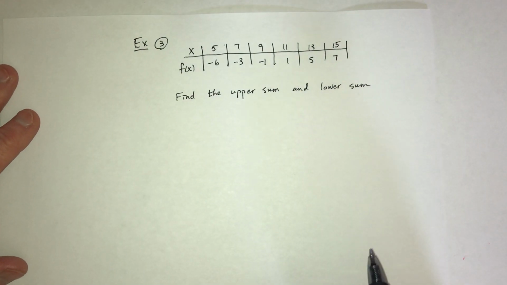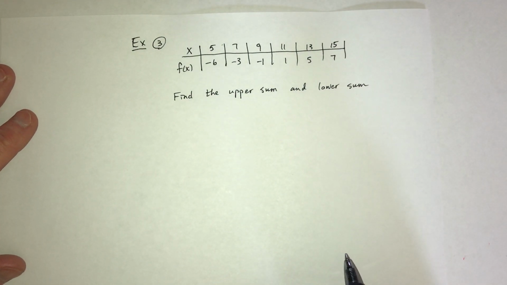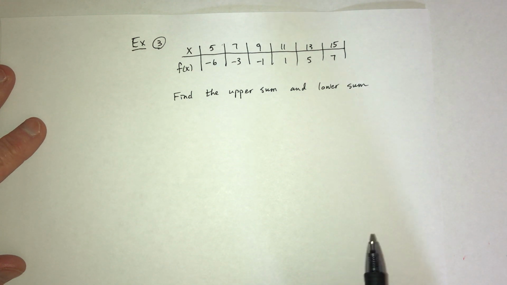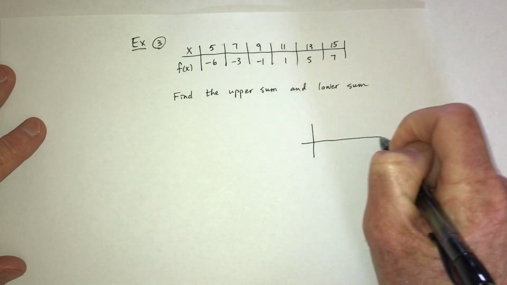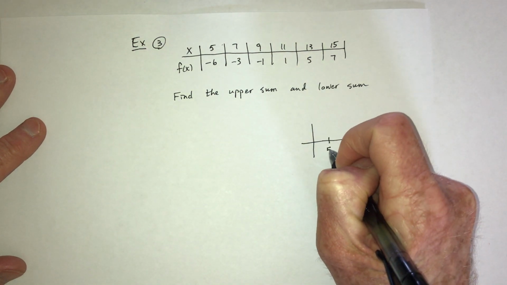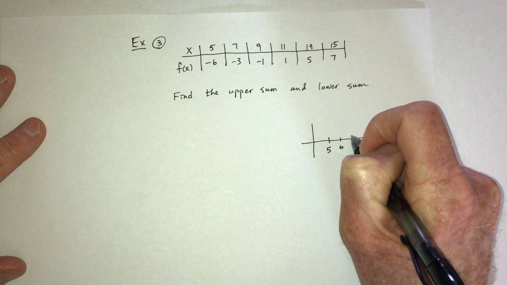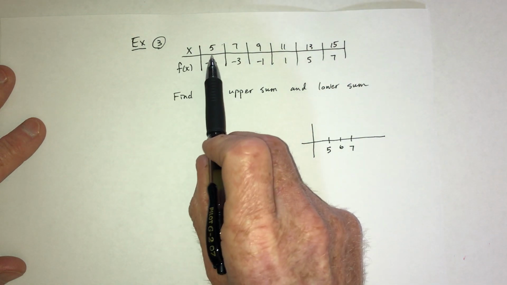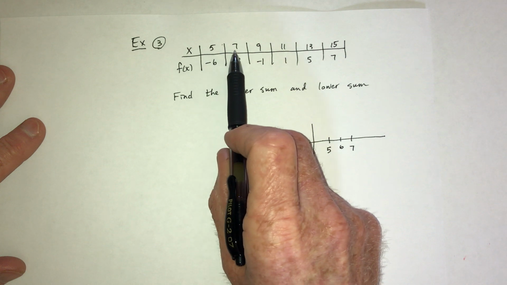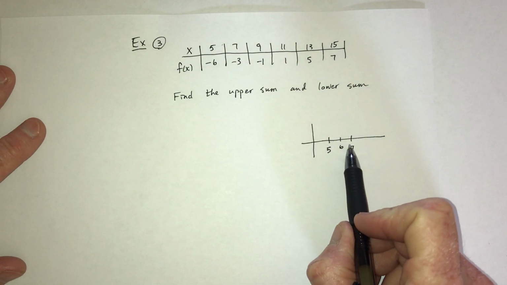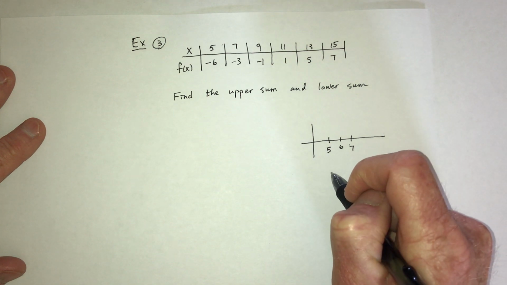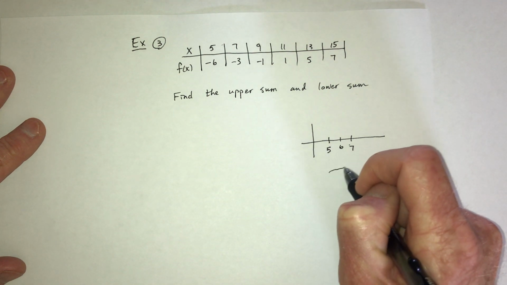And then find the upper sum and the lower sum. So when you use this interval as you're going from 5 to 7, the function would actually be negative, so it would be down here.